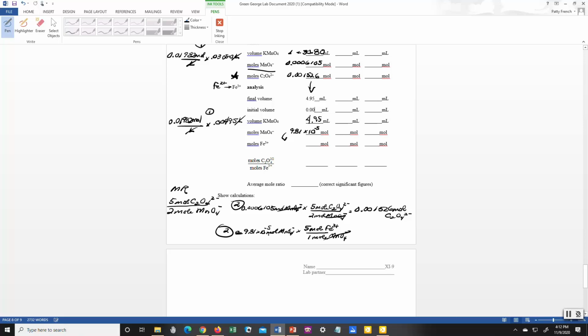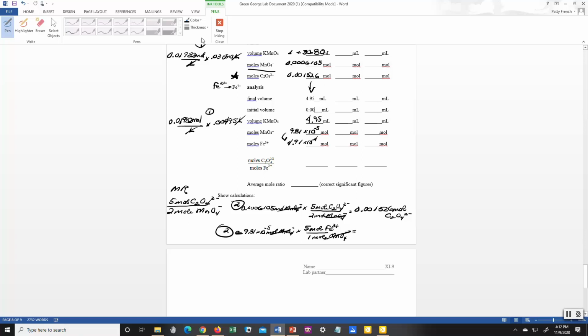My moles of permanganate cancel, and I end up with 4.91 times 10 to the minus 4th moles.